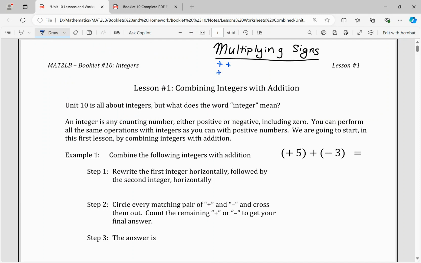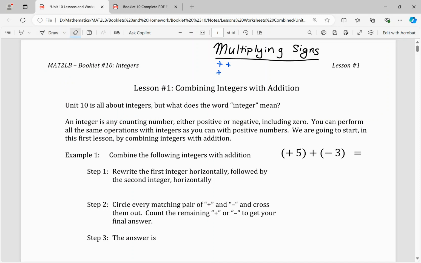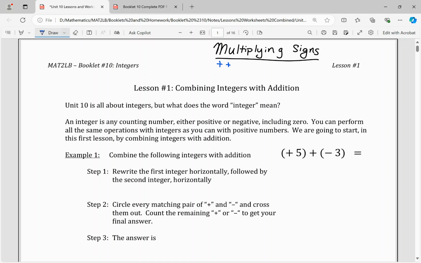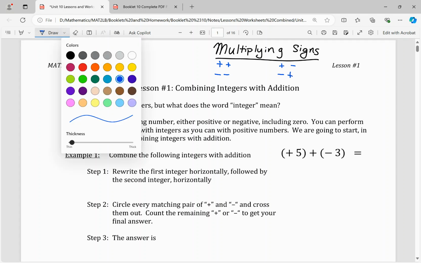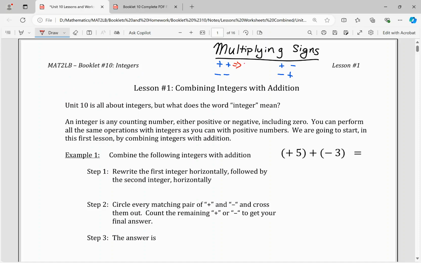let me just set myself up here. When you have two positive numbers, it's going to result in a positive number.